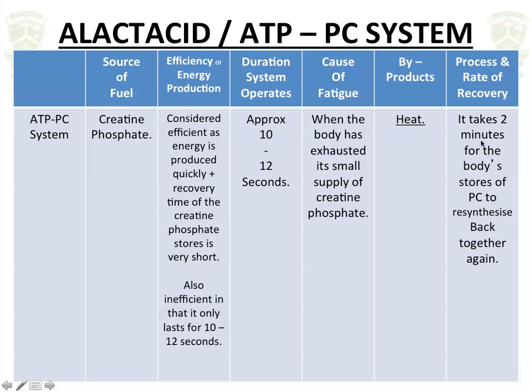The process of recovery takes about 2 minutes, and what happens is the body's stores of PC need to resynthesize back together again because in resynthesizing the ATP, this creatine phosphate actually splits. So it goes from 1 joint molecule of creatine and phosphate to 2 split molecules of creatine and phosphate, so they're 2 separate ones. And the energy from that split actually enables the ATP molecule to be resynthesized.